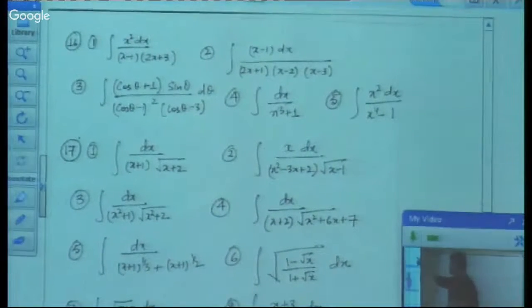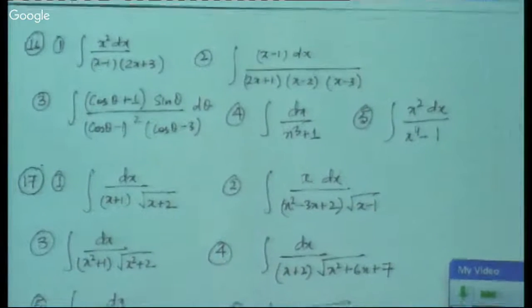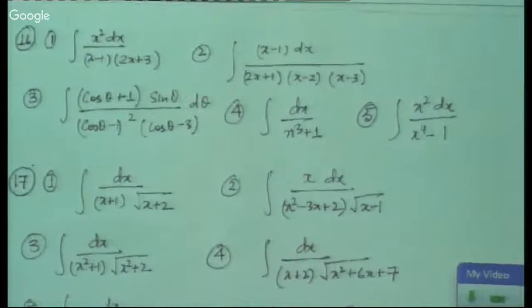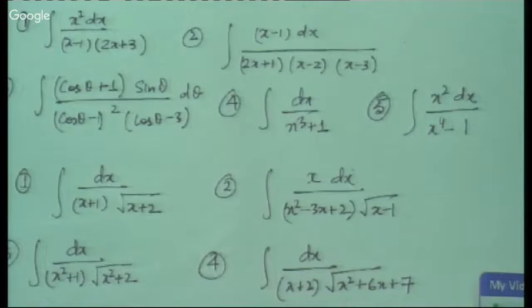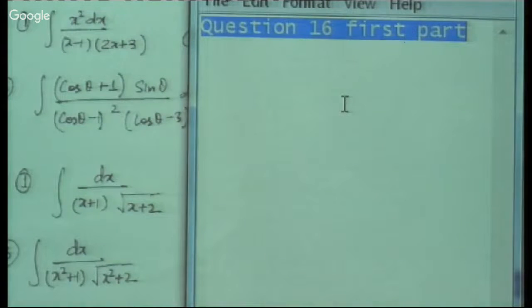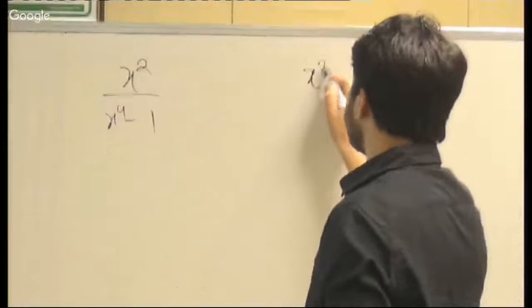Now see question number 5. x square upon x to the power 4 minus 1 dx. Now when I was seeing the linear term and all, everything I was able to handle, but I see again x square upon x to the power 4 minus 1. I see only even powers of x. So I'm going to say x square as y.